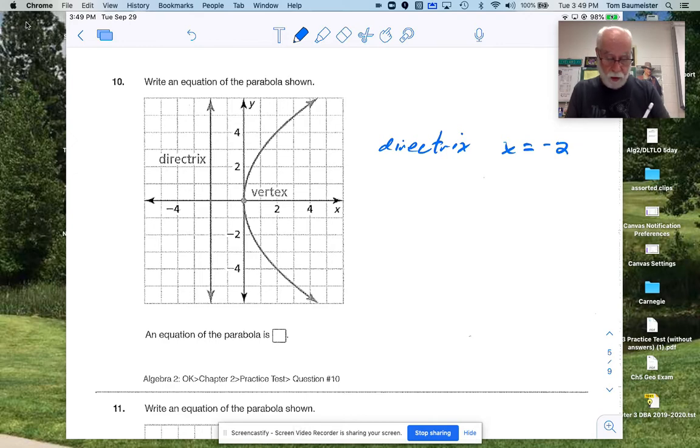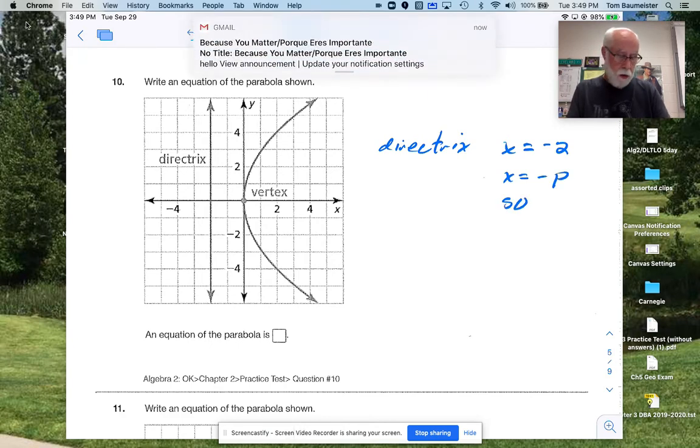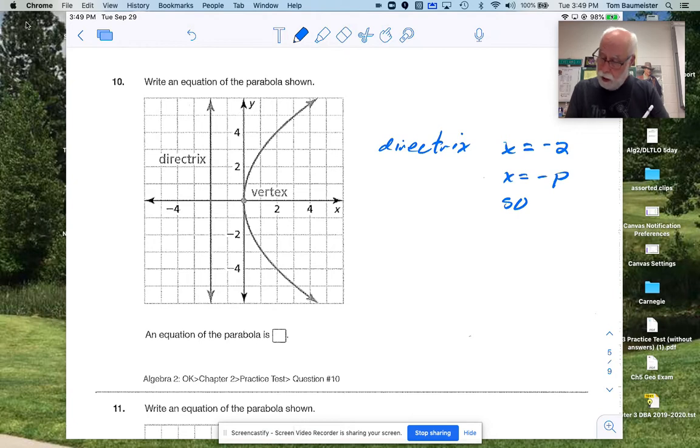Remember, from just the previous problem, we said that x is equal to -p for the directrix. So we know that p is equal to 2. If p is equal to 2, then we know that x is equal to 1 over 4 times p, y squared, and we have to write it as x is equal to 1/8 y squared.